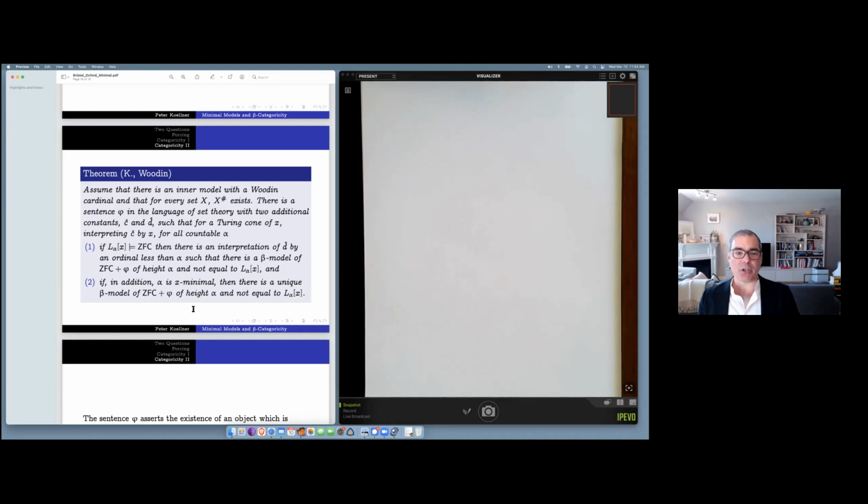And what happens with these genericity iterations is very similar. So you end up iterating to make something generic over the iterate, and the model can't see the branch, because if it did, then just as in the case of the ultrafilter, it would see something it can't see. It would collapse a certain cardinal.